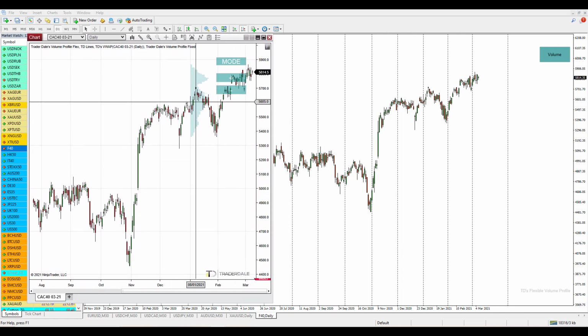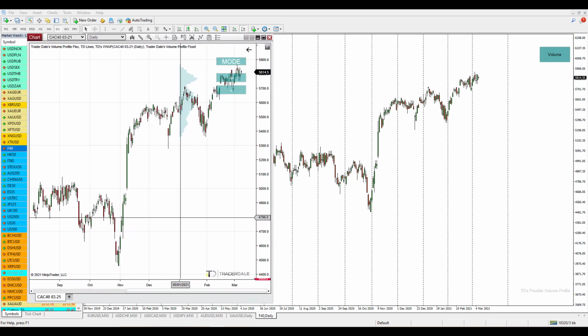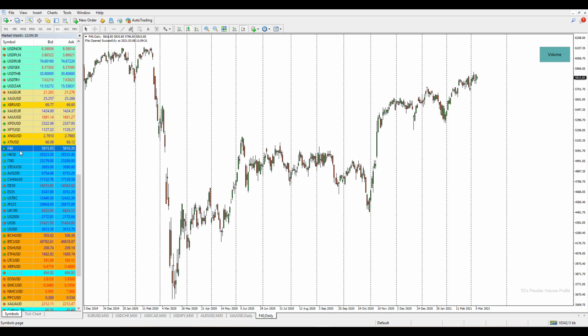As you can see, the chart is exactly the same. It matches the CFD. Alright, so no need to trade the index itself. You can just trade the CFD inside MetaTrader 4. Super easy. Just find the ticker, hover your mouse over it so you know what the CFD is based on, and you are ready to trade.